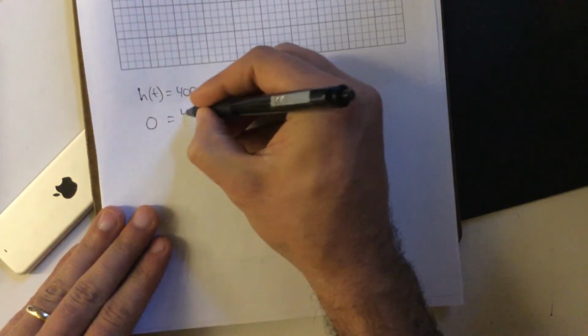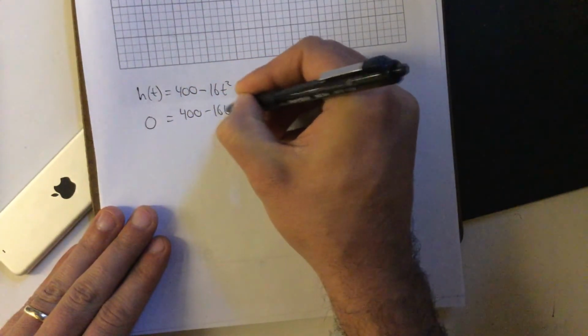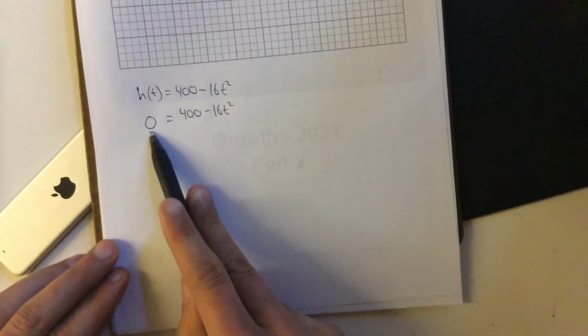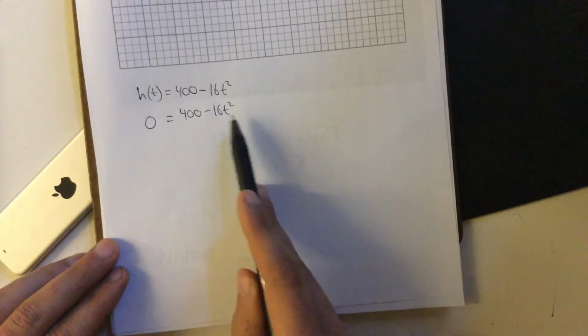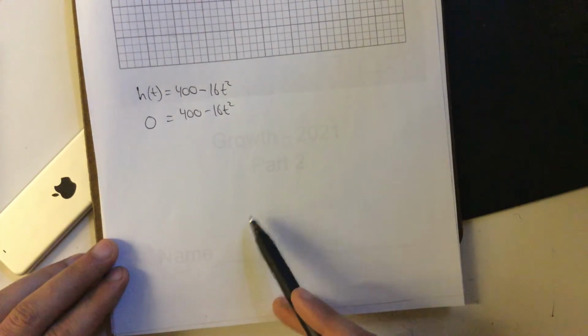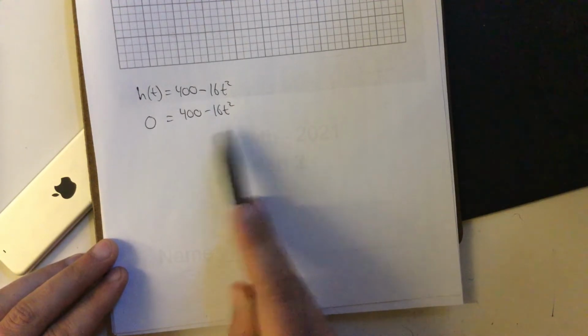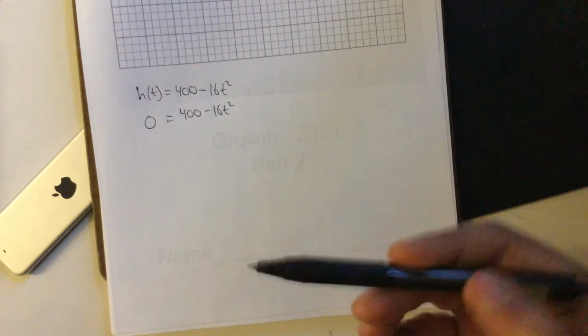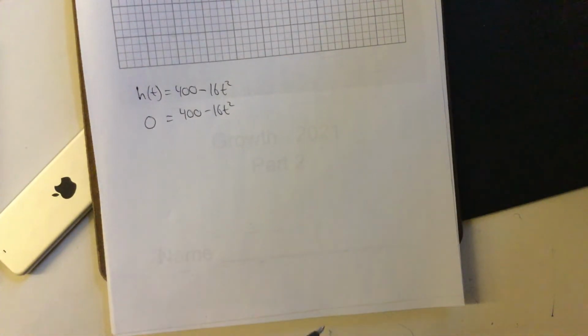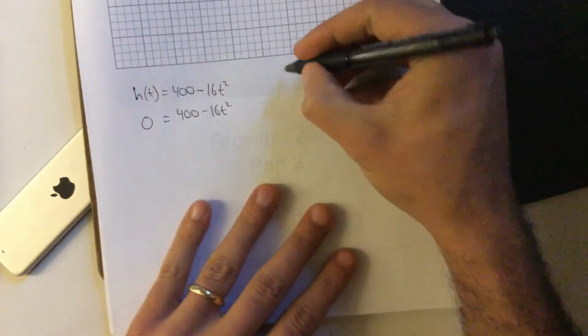Then if our height was 0 feet, what would our time end up being? We could solve this. Another thing you could do is, of course, an in-out table. It's not going to be that much time until our thing hits the ground. So actually, why don't we do that?